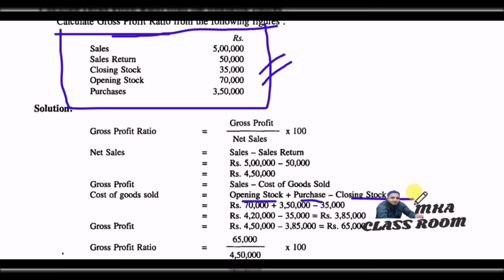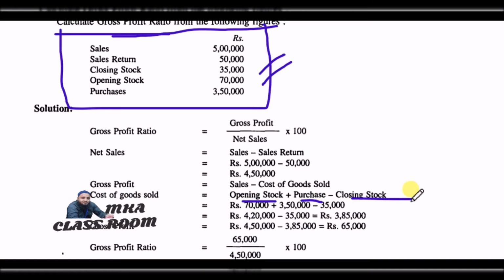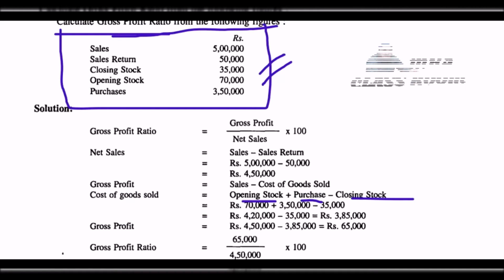So from our example we will see opening stock 70,000, purchase 3,50,000, and minus closing stock 35,000. Then we find our value.